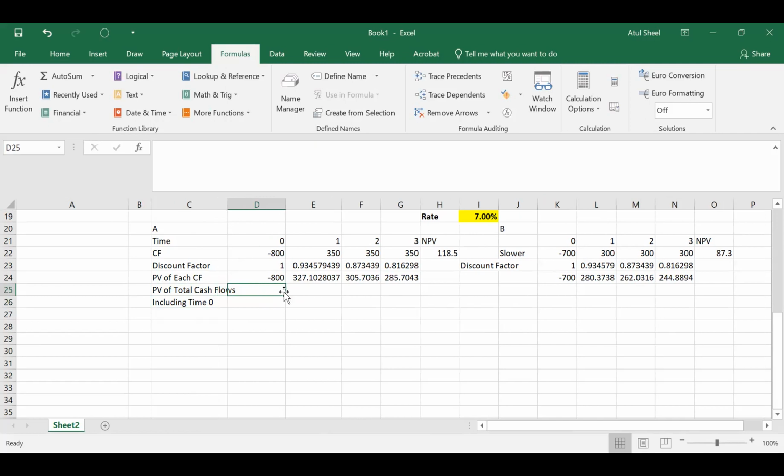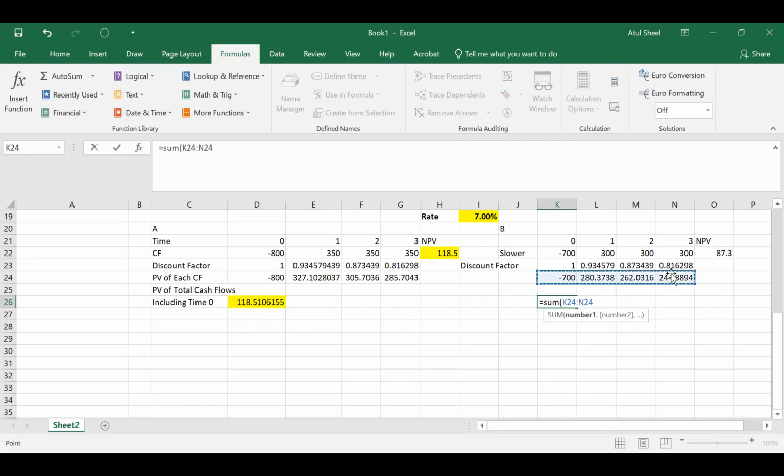Equals sum of the above cash flows here. This is net cash flow, $118. $118 is the same. And here, present value of total cash flows will be equal to the sum of these. $87 and $87.